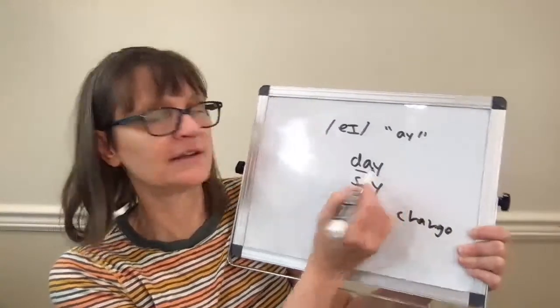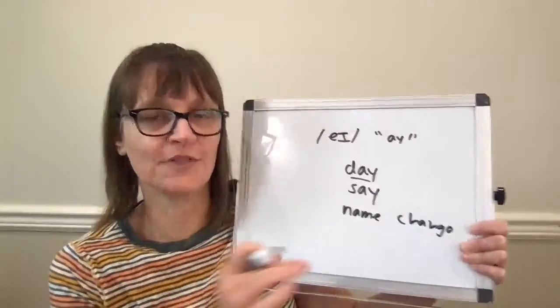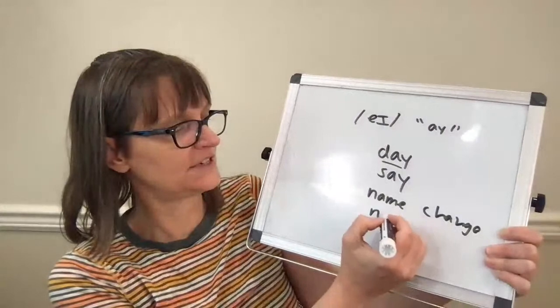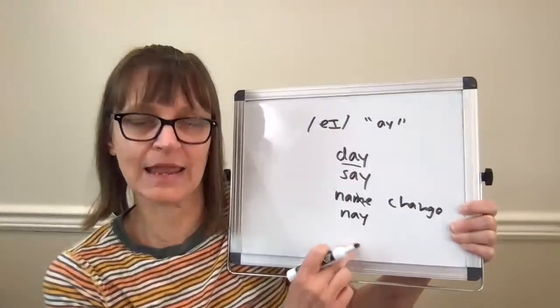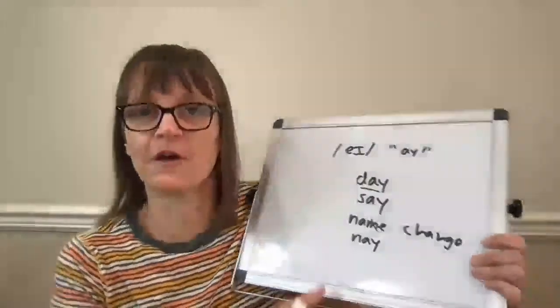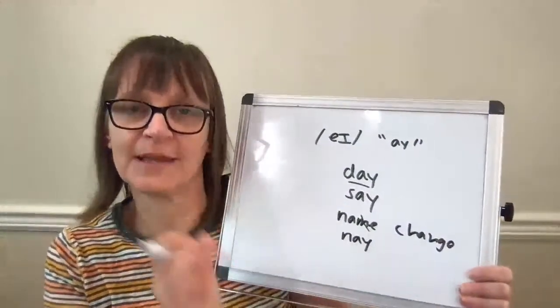So practicing "day," where you have time to hold it longer, is going to help you. Then when you go to put it in a word like "name," you can even take the first part of "name," take the M off, and just try "nay," "name." That may help you for diphthongs in general. Also matching: I can say your name and try to keep the vowel the same.